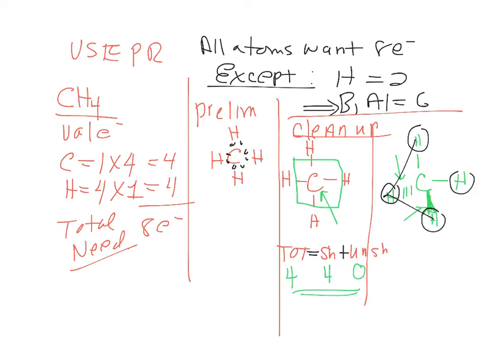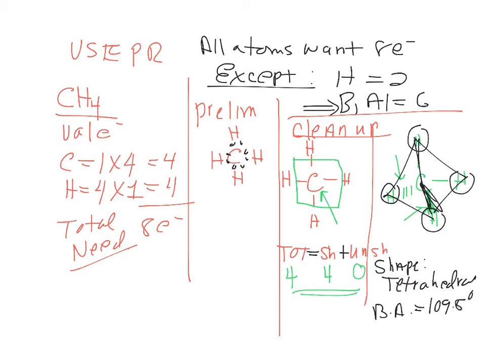And then if you can, connect all the hydrogens and make a pyramid, although you don't have to connect it for the test. The VSEPR shape is tetrahedral, and the bond angles, the BAs, are 109.5 degrees. Okay. That is CH4.